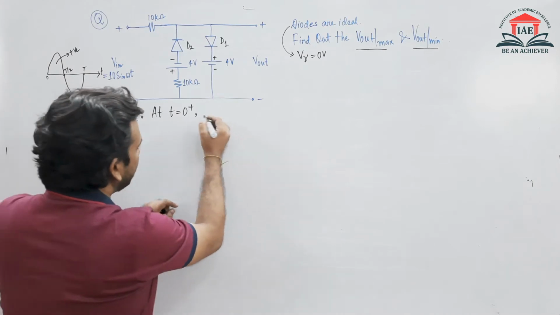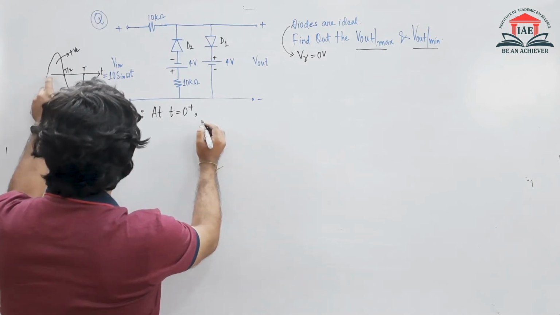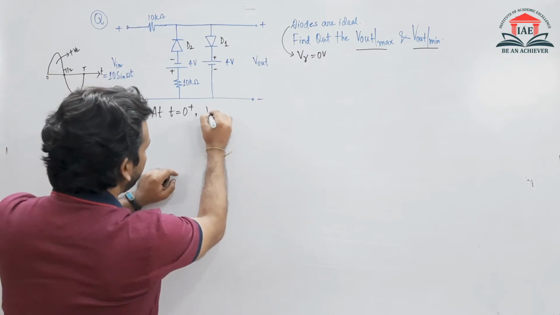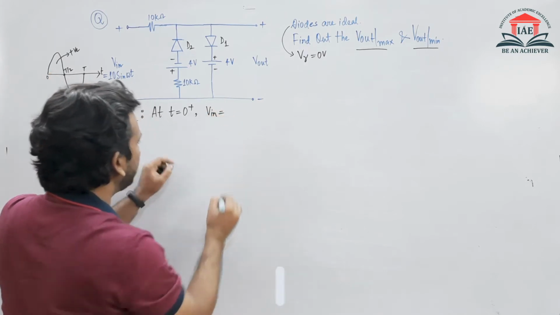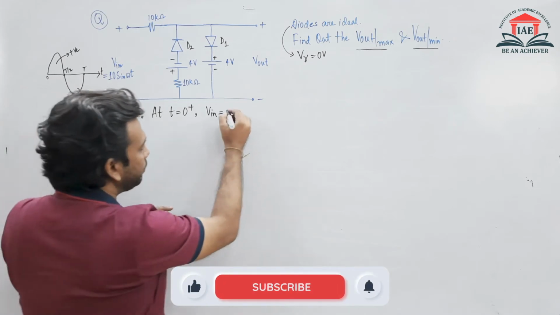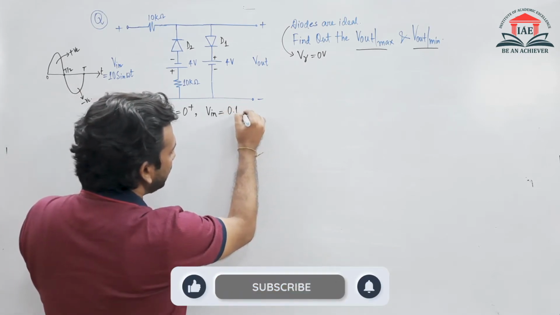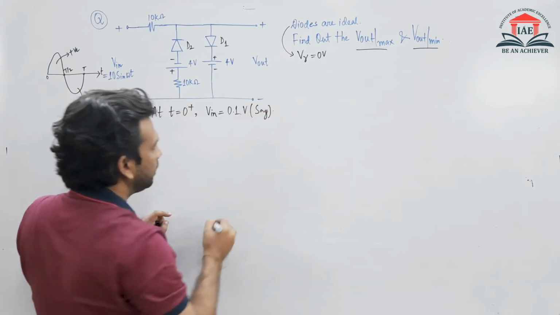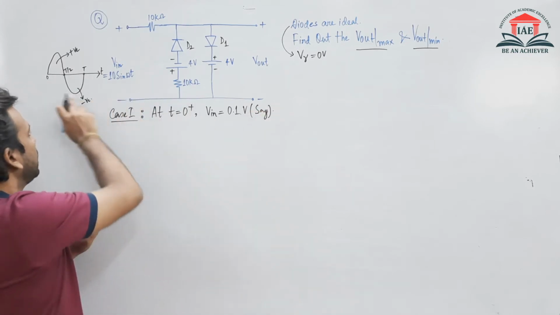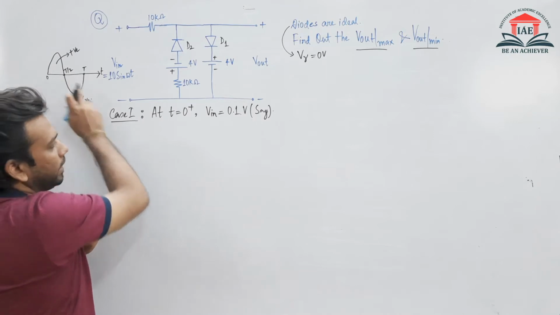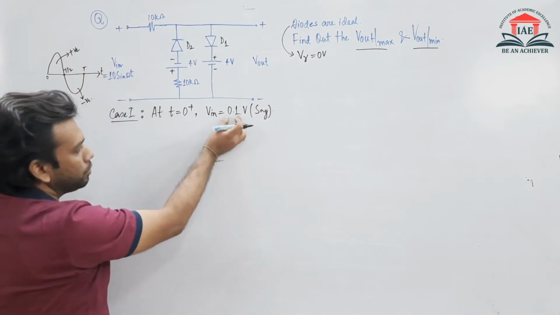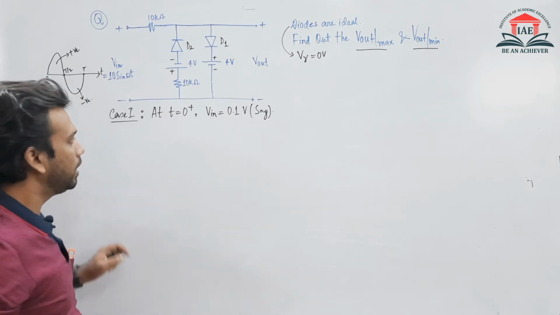If at t equals 0 the input voltage is 0, then at t equals 0 plus the input voltage will be a very small value, and let us assume that small value is 0.1 volt, and the output voltage will likewise be 0.1 volt.